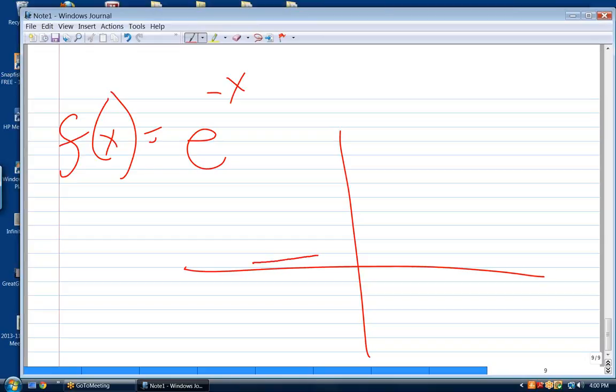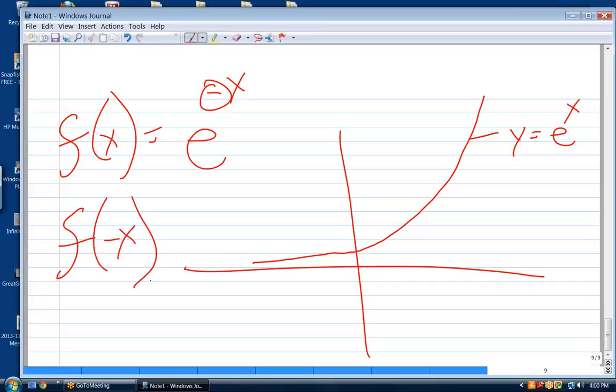The elementary function looks like this. Okay. So what's the consequence of that negative sign? Wouldn't it just flip it over the x? The y-axis. In other words, if I'm going to do f of minus x, that is flipping over the y-axis.